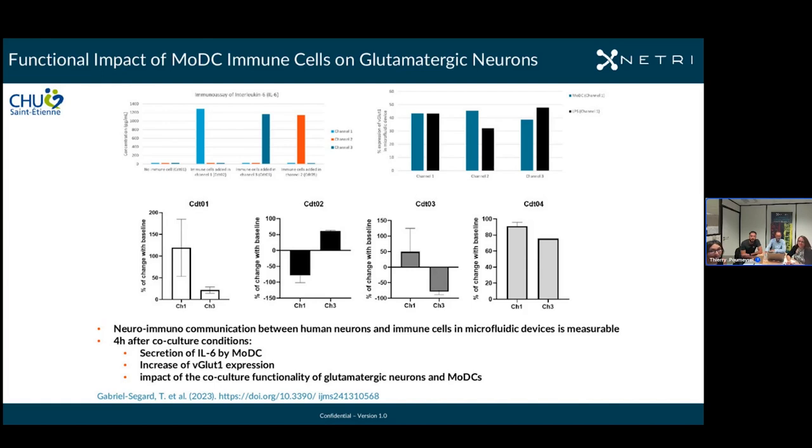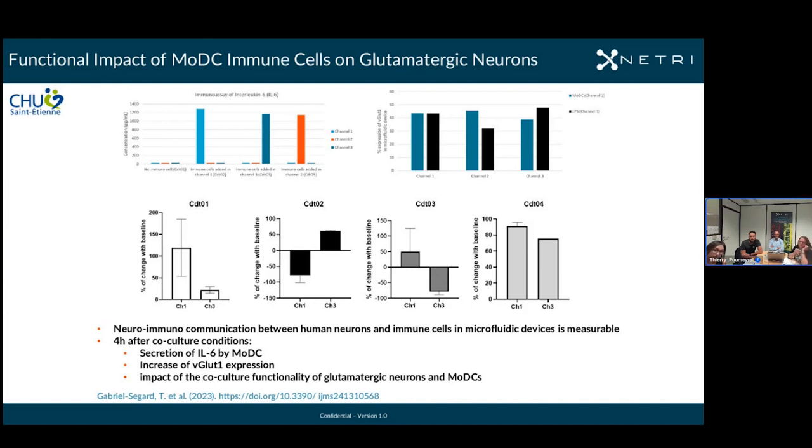And what you can see here is you only detect interleukin 6 in the channel where the dendritic cells are added. So that really showed that first we have it, but it's really specifically in this channel. So once again, the compartmentalization is doing its job, and you can really start to explore what's happening in each channel independently.